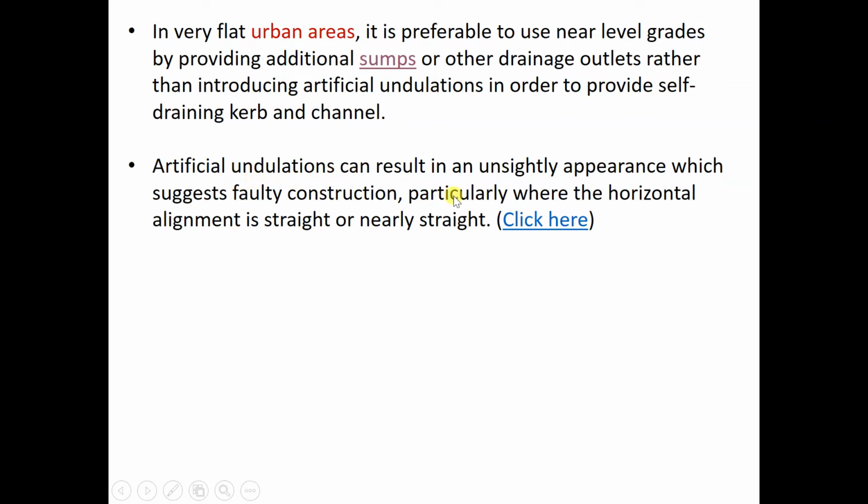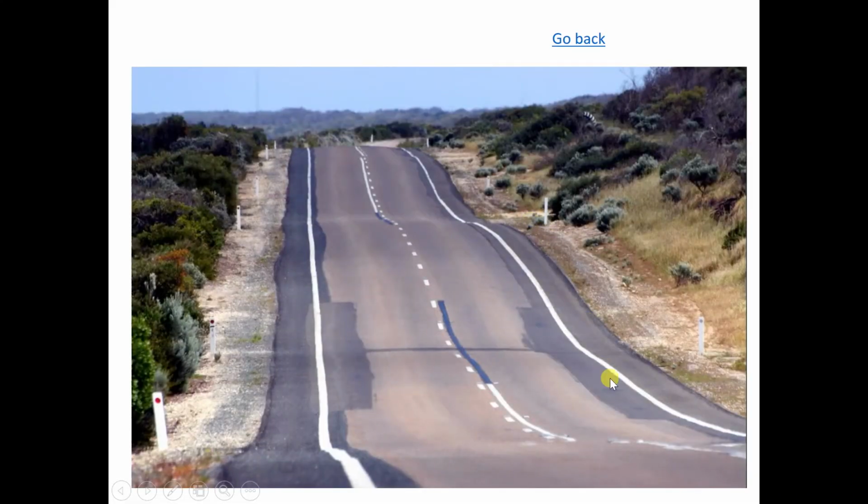Artificial undulations can result in an unsightly appearance, which suggests faulty construction, particularly where the horizontal alignment is straight or nearly straight. So if it's very straight and very flat ground, and then you have undulations, it probably doesn't look nice. You look at it, it's a straight road, and then there's so much undulation.